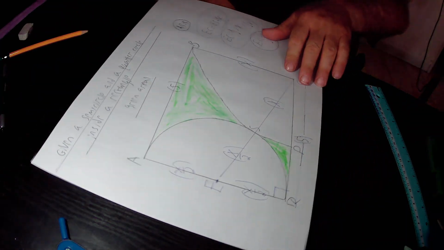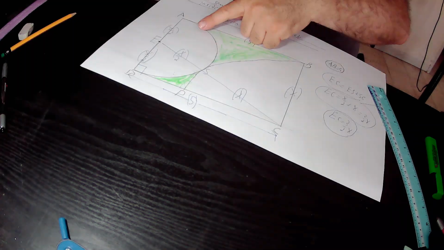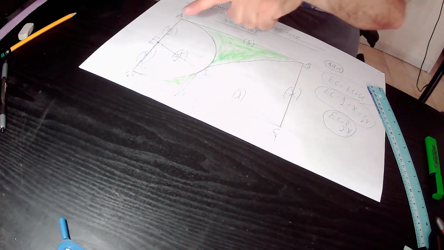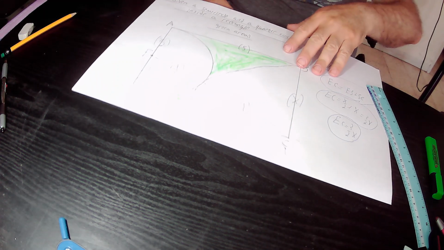In the next step, I'll copy the right triangle EDC in a new page, and we'll implement the Pythagoras theorem on this right triangle, triangle EDC.